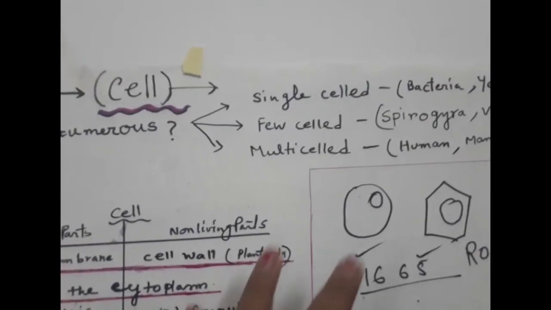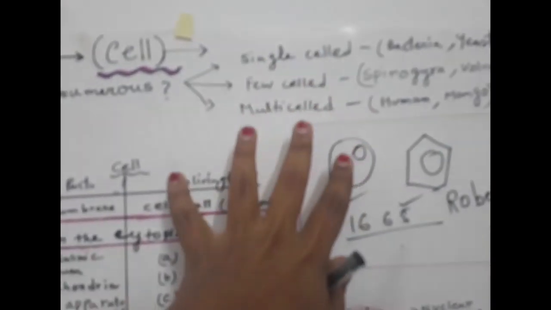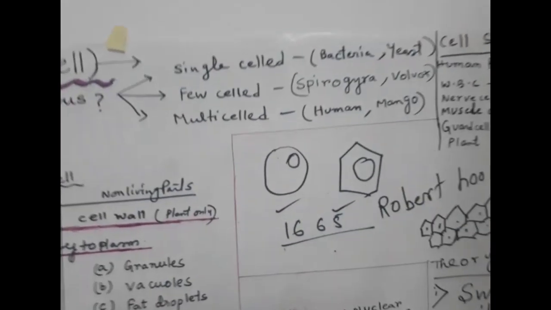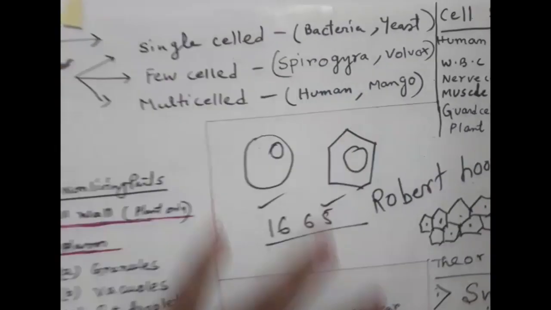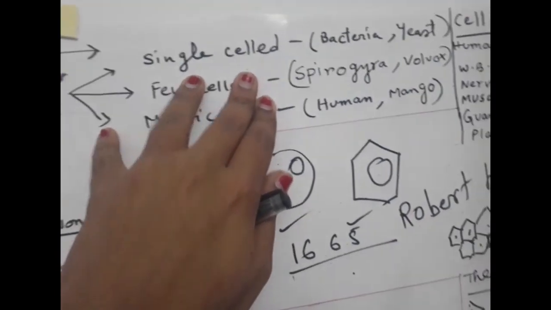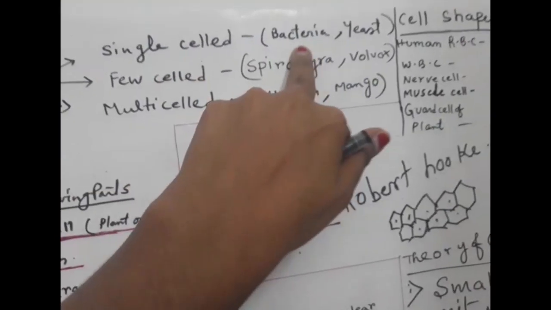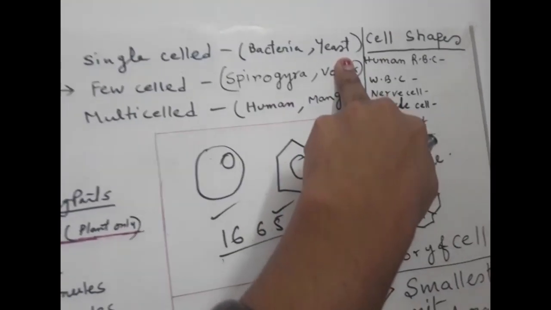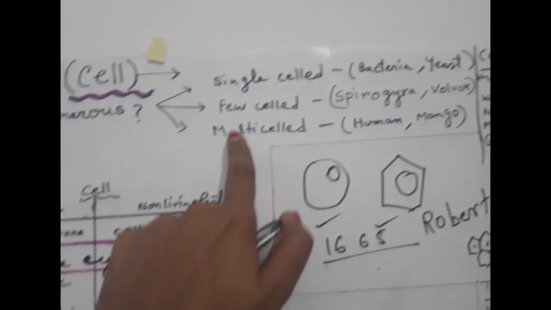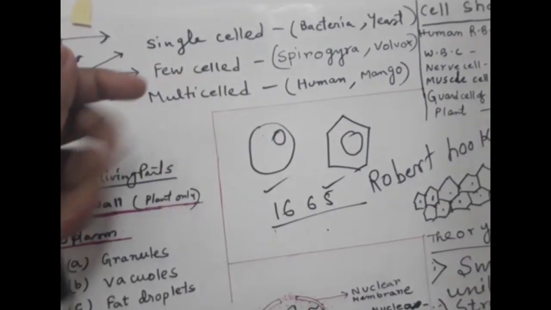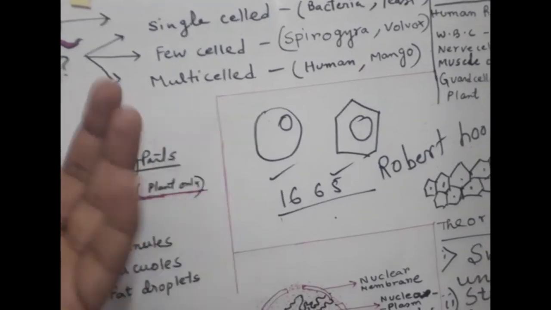So now we are going to discuss organisms which are single-celled, few-celled and multi-celled, with a little discussion and examples. Single-celled organisms are not animals exactly, they are organisms, like bacteria and yeast, which we can't see with the naked eye. Few-celled ones are Spirogyra and Volvox, with about 100 to 1000 cells.